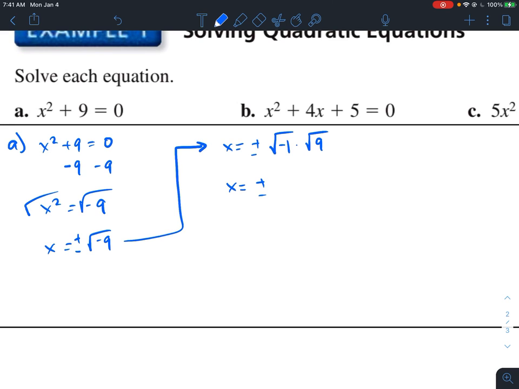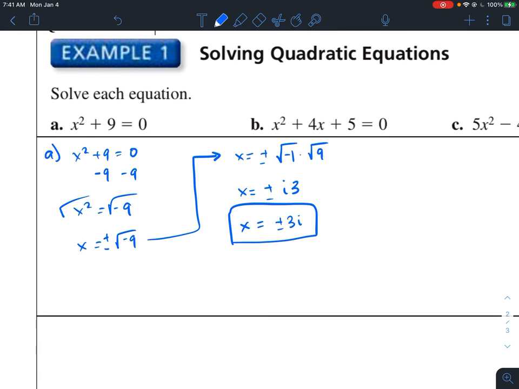The square root of negative 1 is i, and the square root of 9 is 3. So if we were to write this in the appropriate way, this would be x is equal to plus or minus 3 times i. And those are the two solutions to the equation.